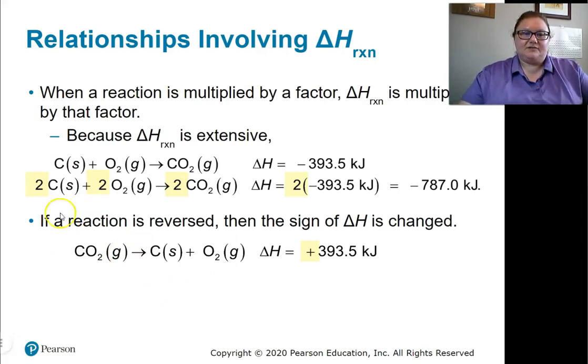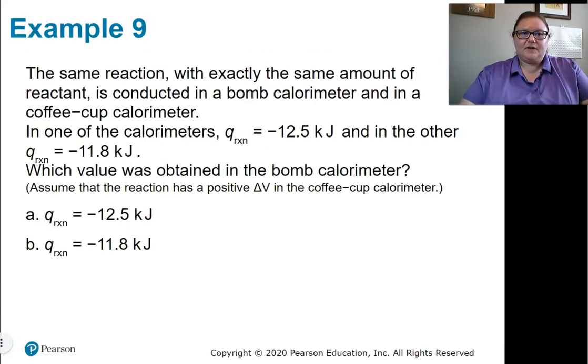To do that, for example, we needed to multiply this second reaction all across by 2. Just to briefly clarify, we need to multiply the delta H by 2 if we do that, to keep both sides of the reaction even. And if we need to reverse a reaction for any reason, we have to reverse the sign of delta H as well.